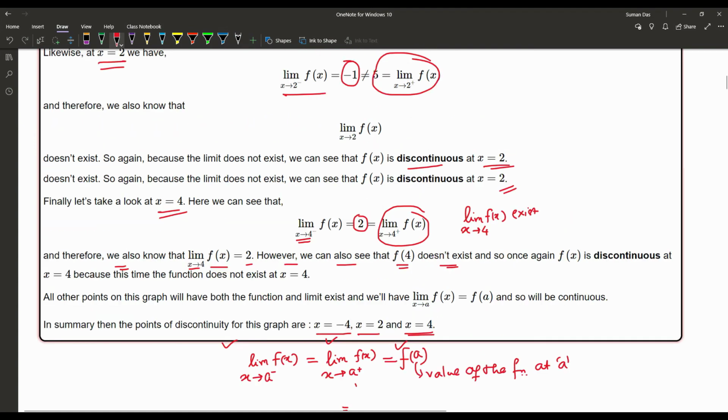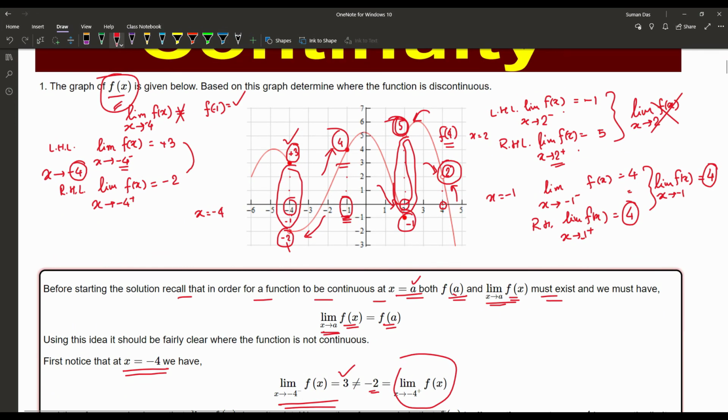As here, once again, at -4 the function is discontinuous. At x equal to 2, the function is discontinuous. At x equal to 4, although the left hand limit and right hand limit exist, the value of the function at 4 does not exist, so that is also discontinuous at x equal to 4.